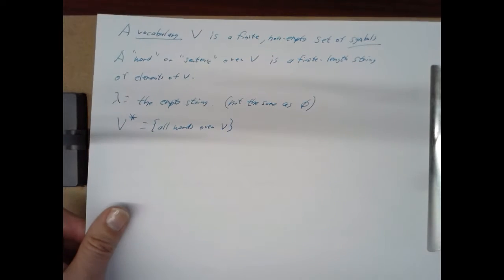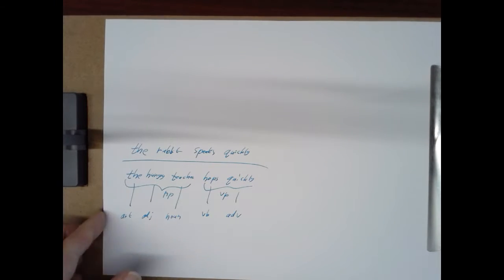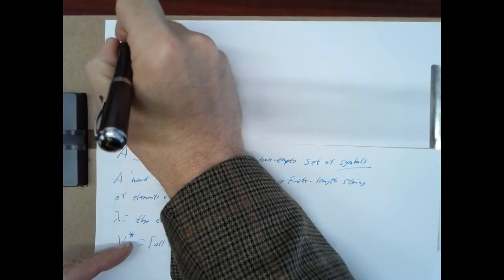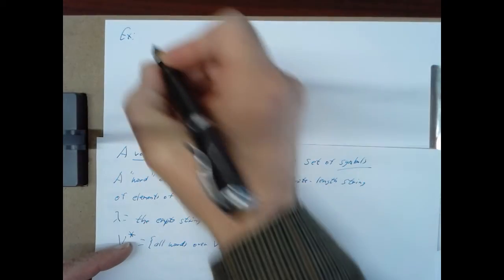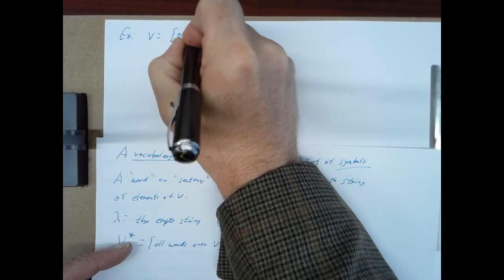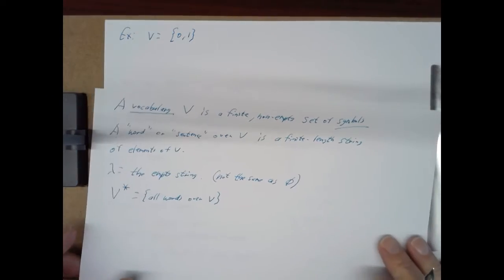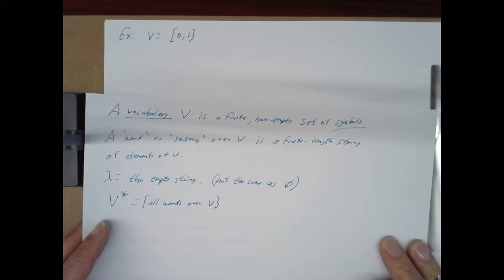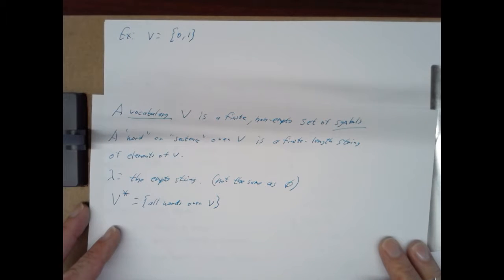So let's keep some examples on the side while we're doing this. So example, our vocabulary might be just the two characters 0 and 1. Okay, those are our only symbols.